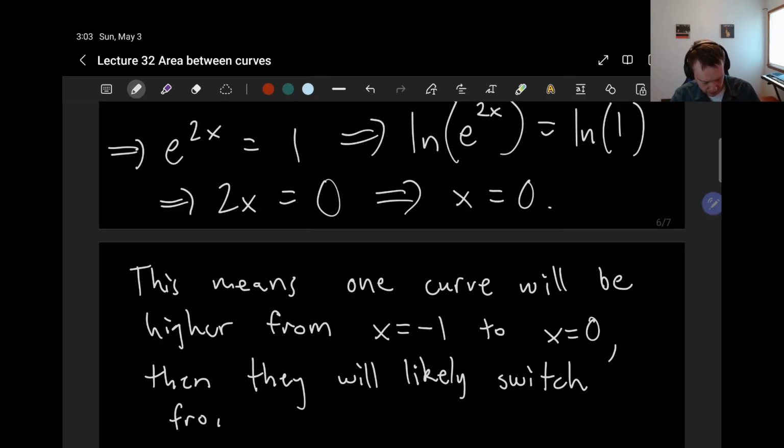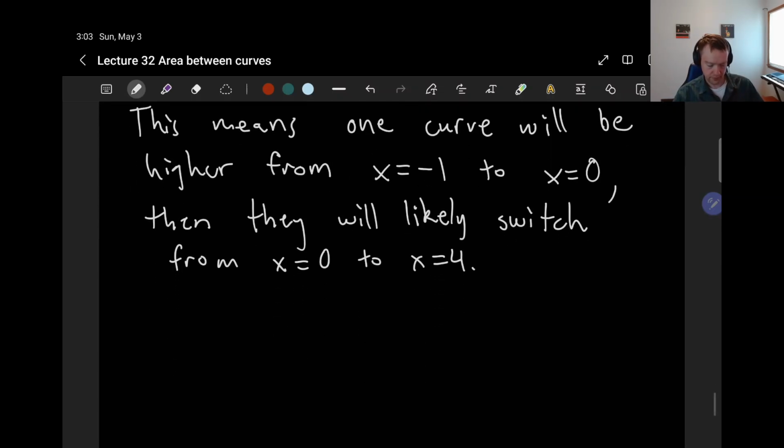We'll have to check that. From 0 to 4. And those will give us our two separate integrals.